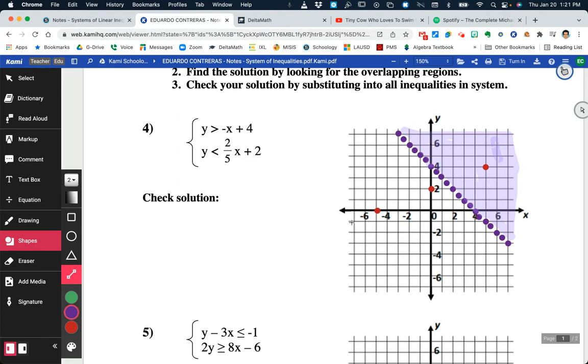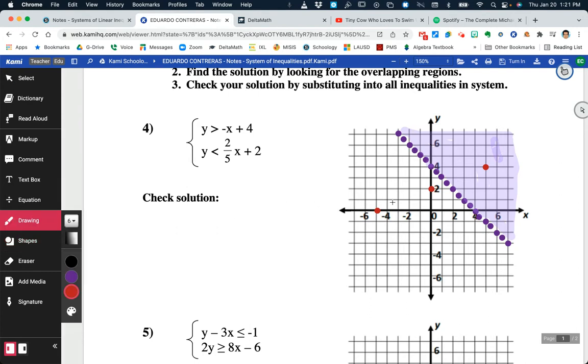I'm trying to figure out how we did the dotted line when we were doing remote learning. Let me just try to make the dots, I guess, so it resembles a dotted line.